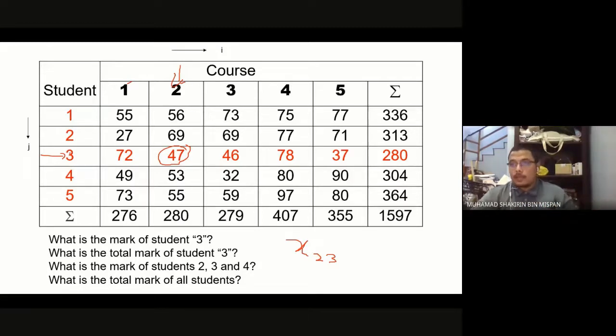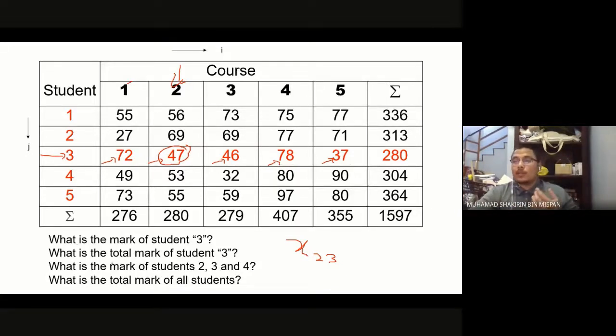So student number 3 gets 72 for subject number 1, 47 for subject number 2, 46 for subject number 3, 78 and then 37. This is a problematic student, under observation. Okay, so basically these are the marks of student number 3.